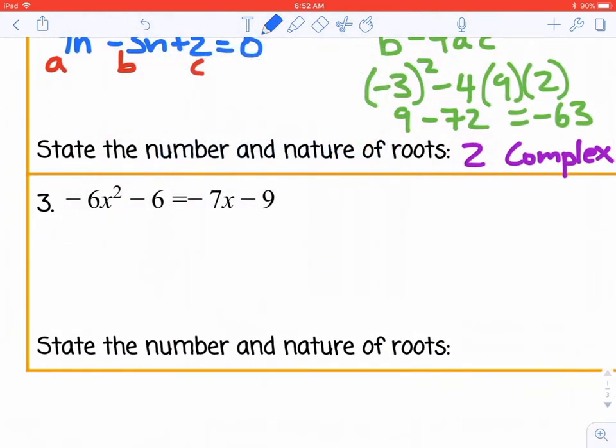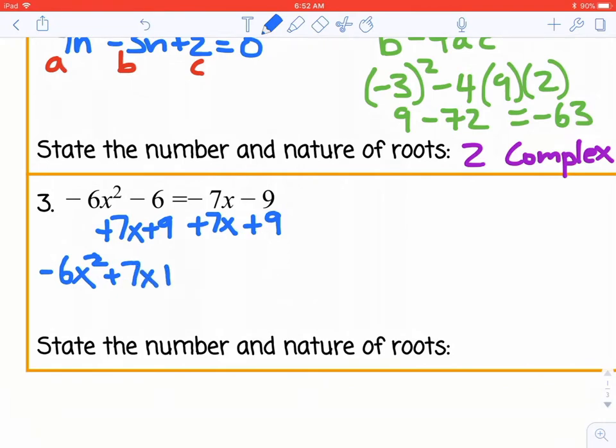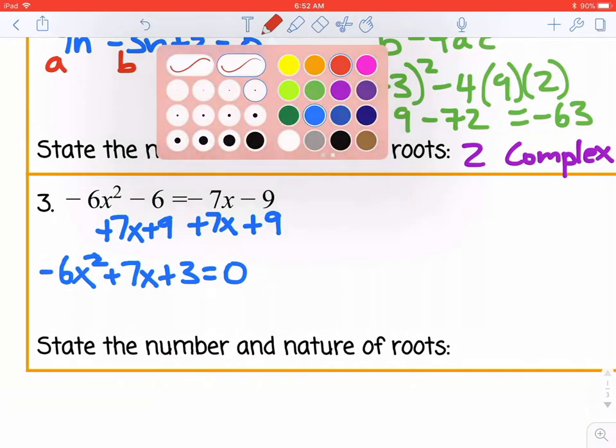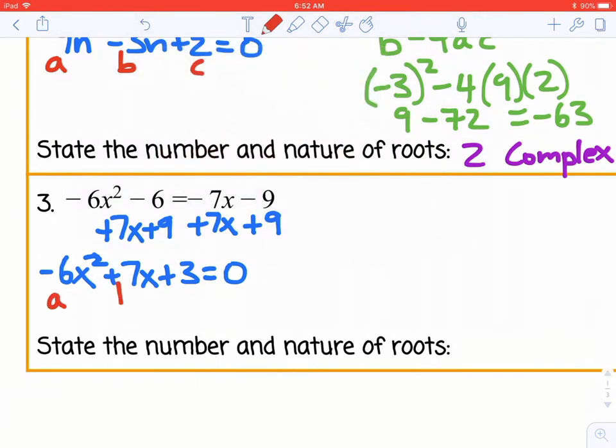we need to move everything to one side. So I'm going to move 7x and 9 to the other side and put everything on one side in standard form. So I get negative 6x squared plus 7x plus 3 equals 0. And then A is negative 6, B is 7, and C is 3.